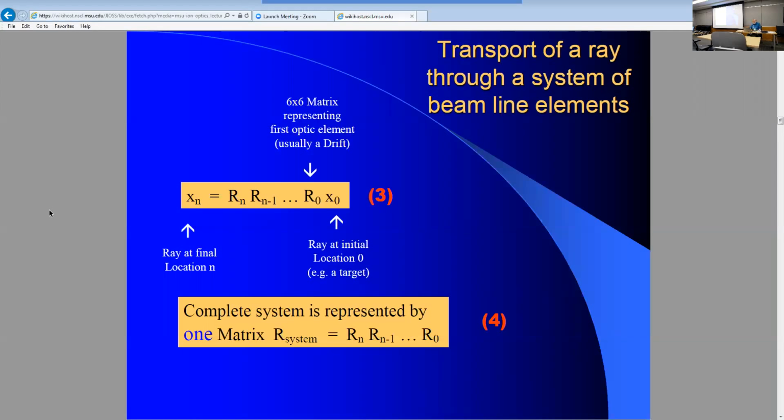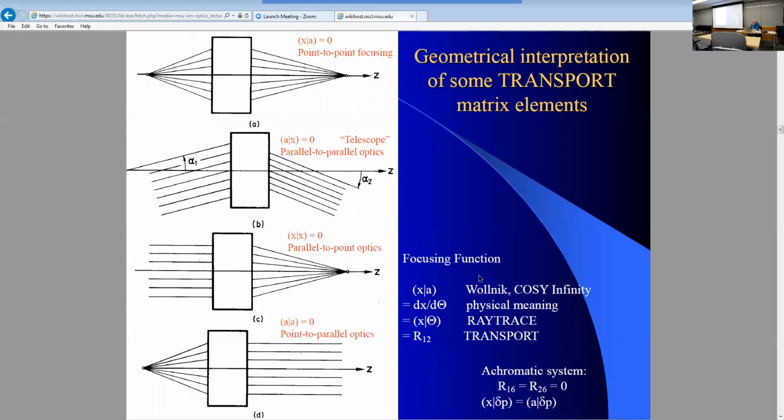So now we want to get some geometrical interpretation of some of the transport matrix elements. First, the notation. You learned the notation x, theta, y, phi, and R11, R12, where the matrix elements are numbered. But there are others. Wolnik uses the following notation.